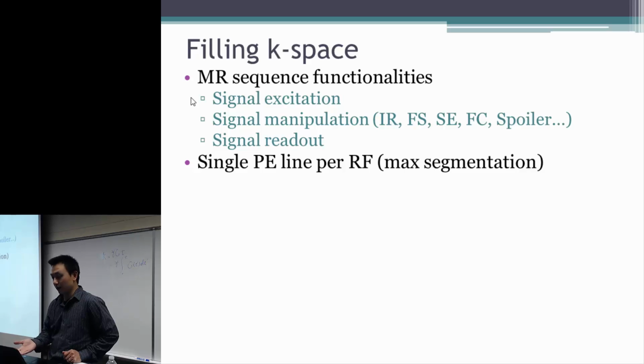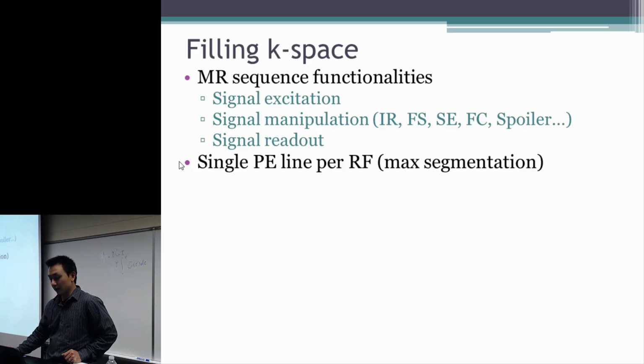What we have seen is, for example, inversion recovery, fat saturation, water-fat separation, spin echo, flow compensation, as we will talk about later, and the spoiler, as we talked about in the last section. These are signal manipulations that you can introduce to achieve the signal behavior or contrast you desire.